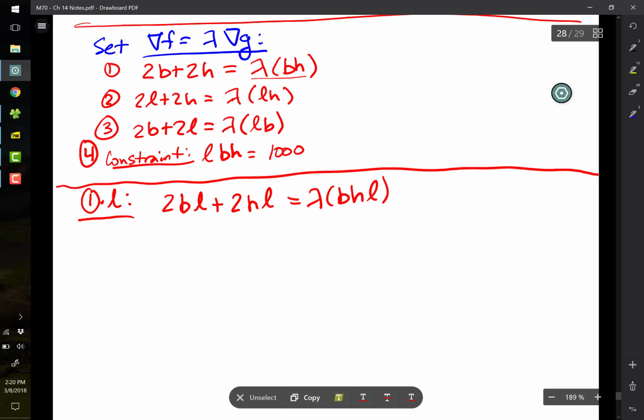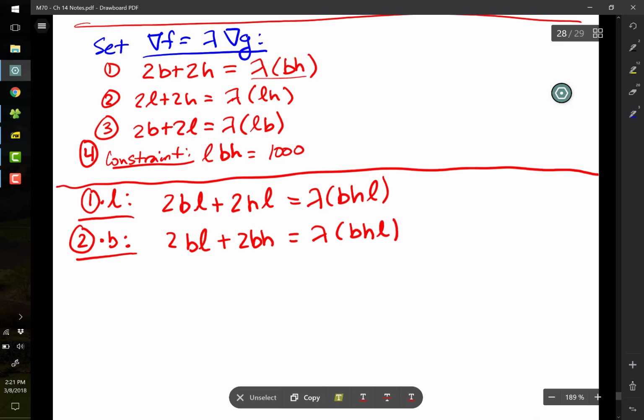Okay, and then watch what happens when I take number 2 and multiply it by what it's missing. It's missing B. It has H and L already. If I do that, I get 2BL plus 2BH is equal to lambda times BHL.